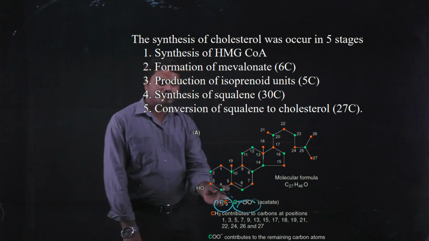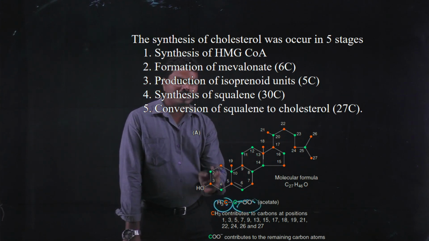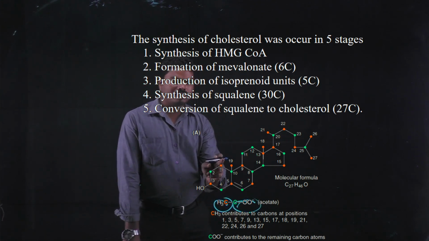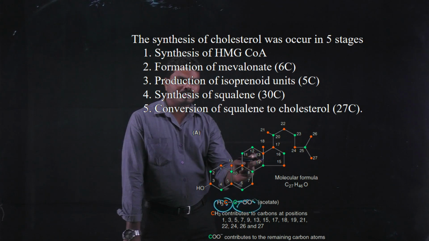Here the methyl group will provide the carbons which are numbered like the first carbon, third carbon, fifth carbon, seventh carbon, ninth carbon, 13th carbon, 15th carbon.